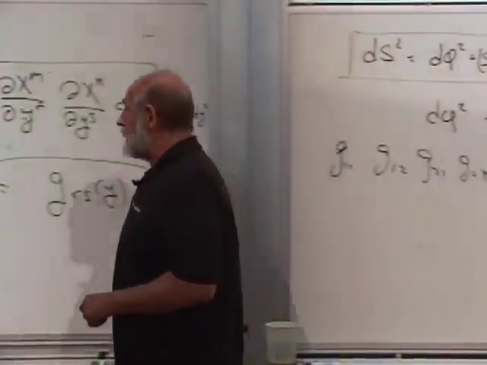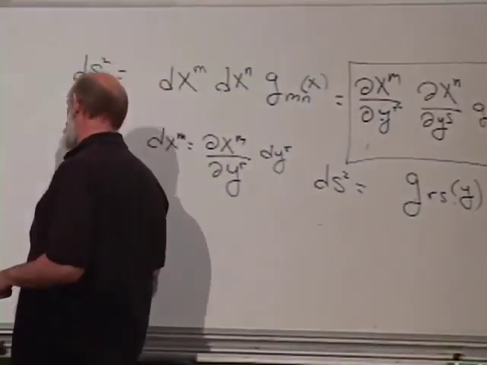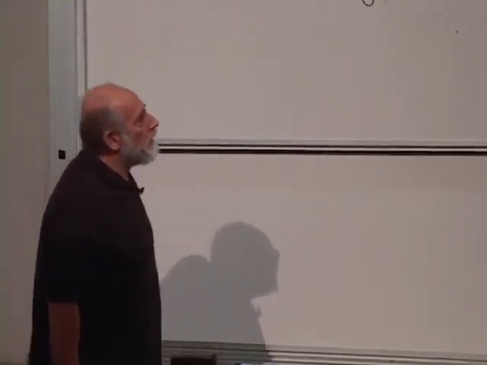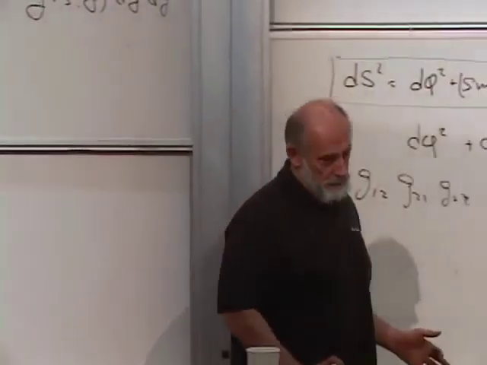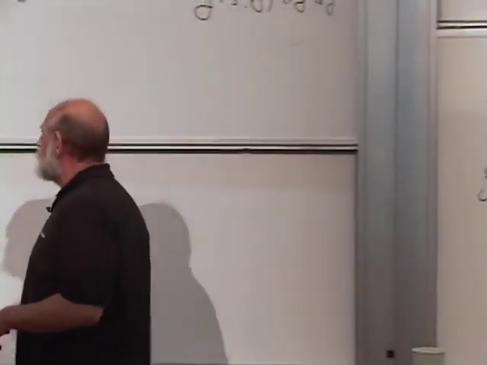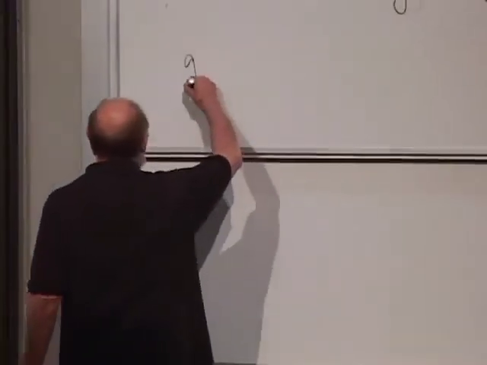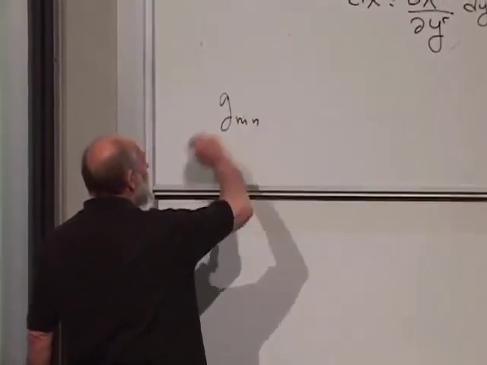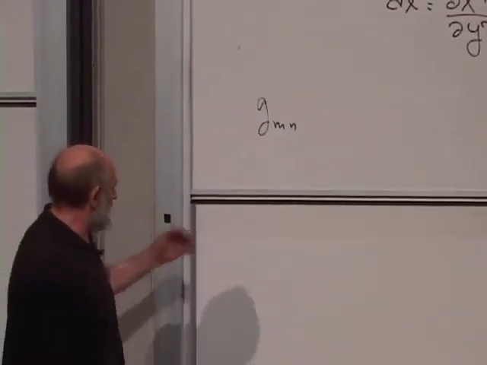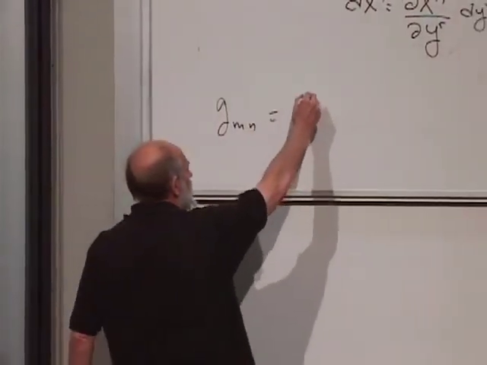Now there's another important thing that goes with the metric tensor. Second-rank tensors like this are matrices. They have two indices. They are matrices. Think of g_mn at an arbitrary point, and I won't label the point. It's a matrix.